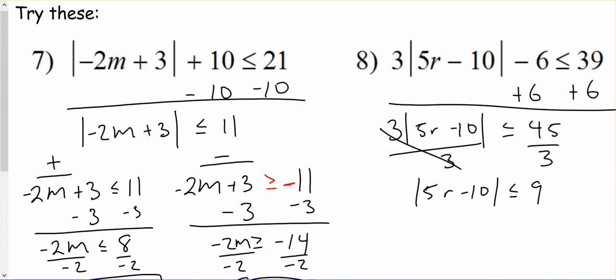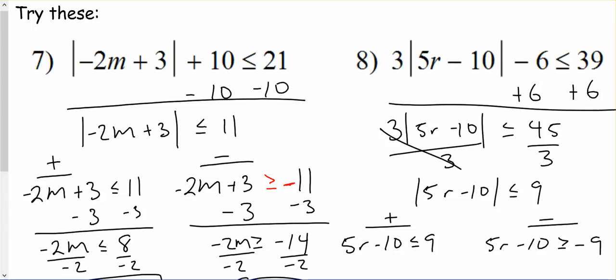From here, now we have our positive side and our negative side. Our positive side: 5r minus 10 is less than or equal to 9. Our negative side: 5r minus 10 is greater than or equal to, don't forget to reverse the inequality symbol, negative 9.